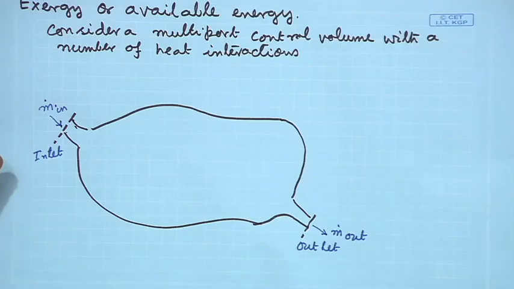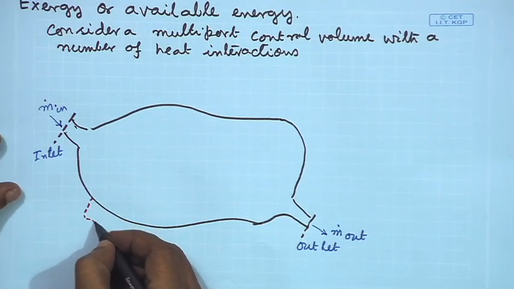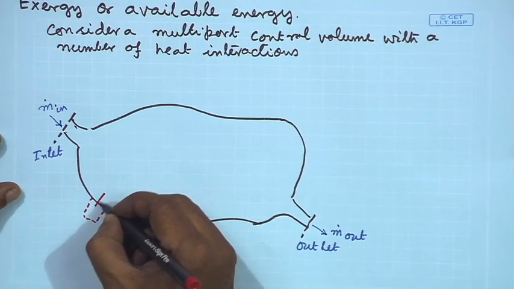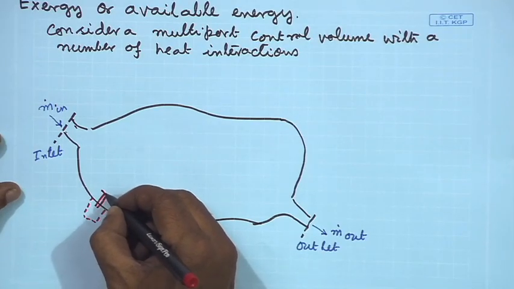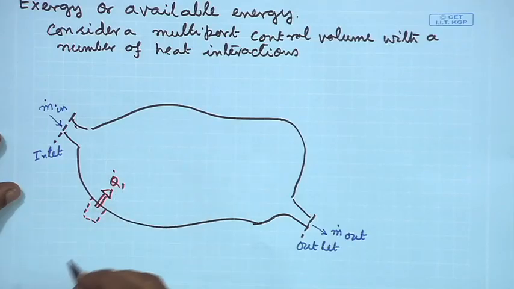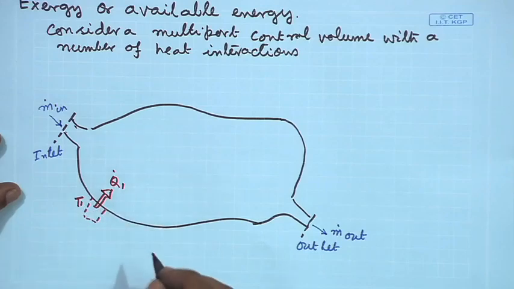Let us say we have different points where thermal interaction takes place. So, this is q dot 1, the amount of heat entering the control volume at a temperature T1.